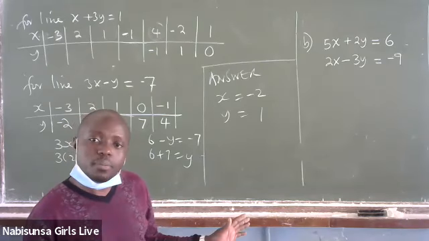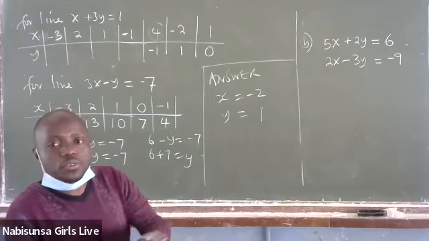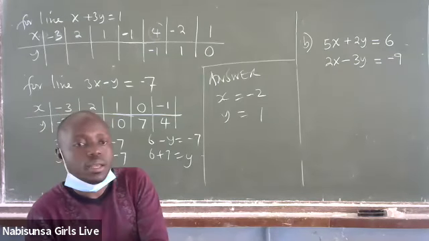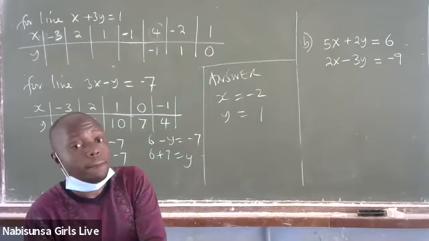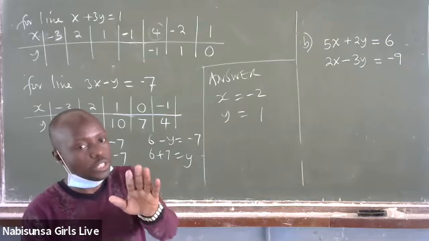Nantom, are you through with part B? Yes. Okay, what values do you get? X is equal to 0, and then Y is equal to 3. Okay, so Nantom, give me your table values.